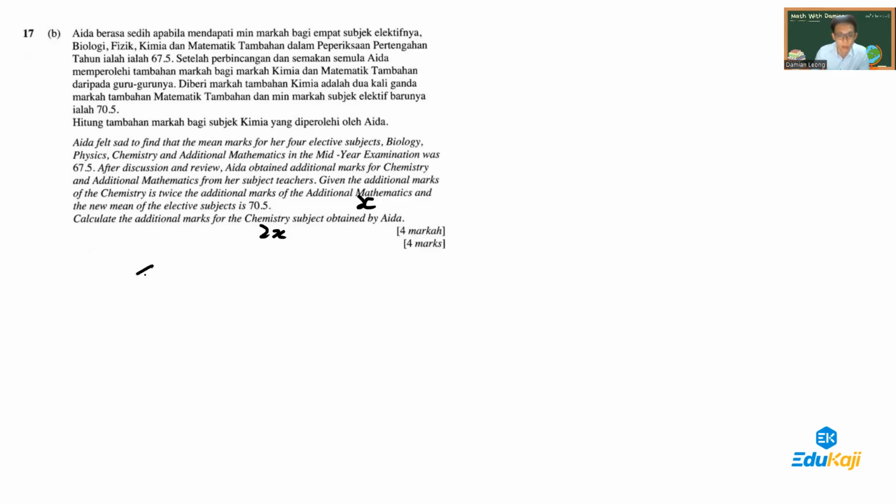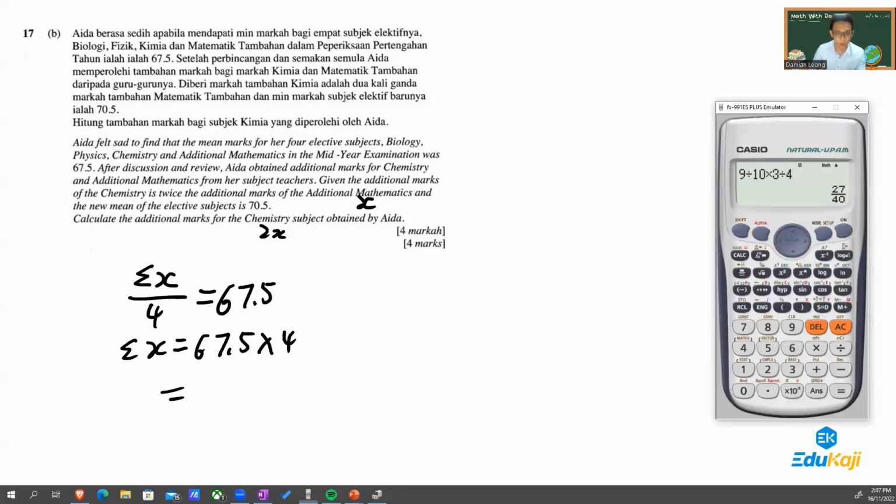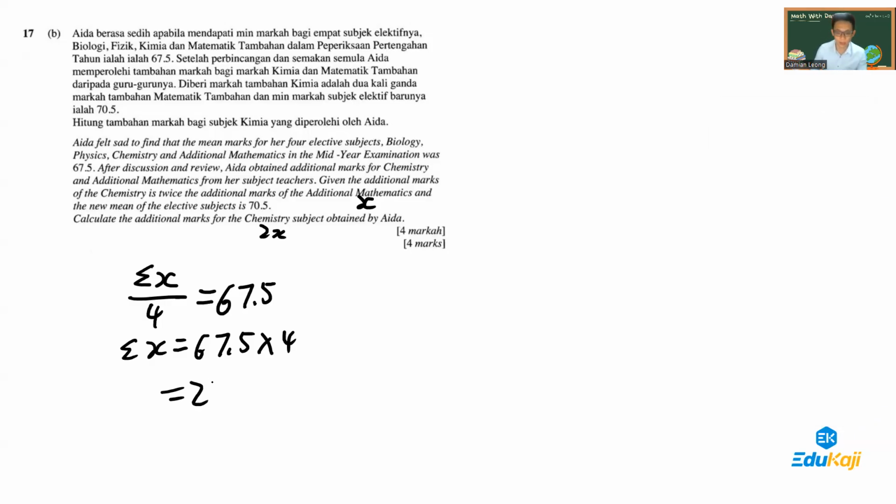So we find sum of values. Sum of values over 4 equals to the mean, the original mean 67.5. Sum of values will be 67.5 times 4, means total marks for all 4 subjects is 270 initially.